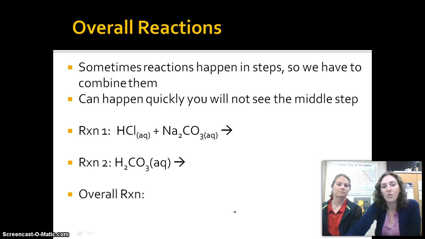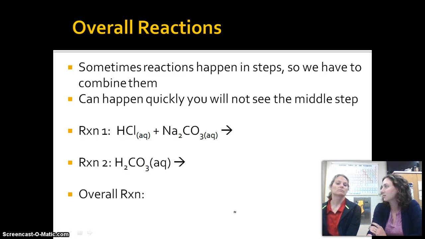Okay. Overall reactions, sometimes these can happen in steps, so we have to combine them. Sometimes you don't see the middle step because it happens so quickly, but you have to identify that it's there so that you can get the final products. So the first reaction that I have listed for you is hydrochloric acid and sodium carbonate.